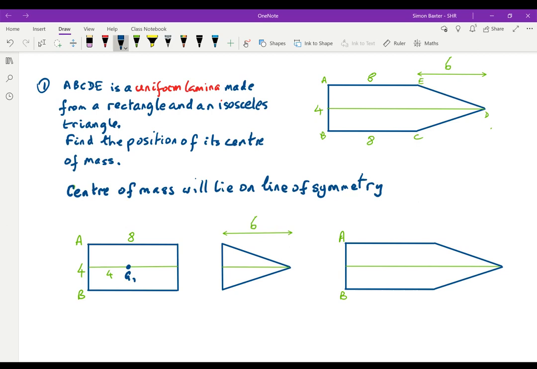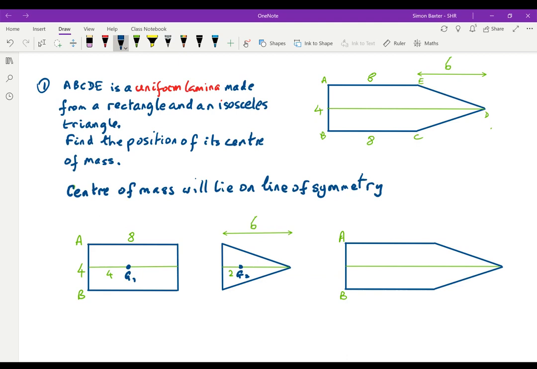Let's look at the triangle. What do we remember about a triangle's center of mass? The center of mass is 1/3 of the way from the base along a median. Well, the median is of length 6, 1/3 of the way, therefore, will be of length 2. So let's call the center of mass G2, and it is at a distance of 2 from the base of the triangle.